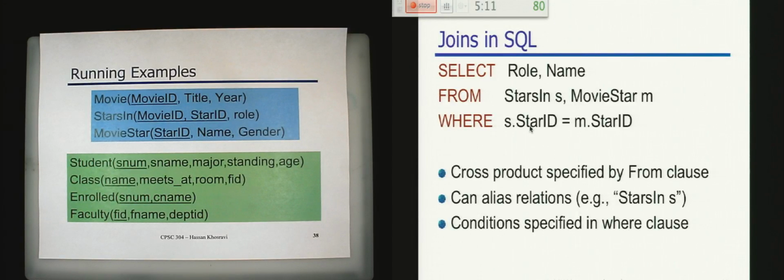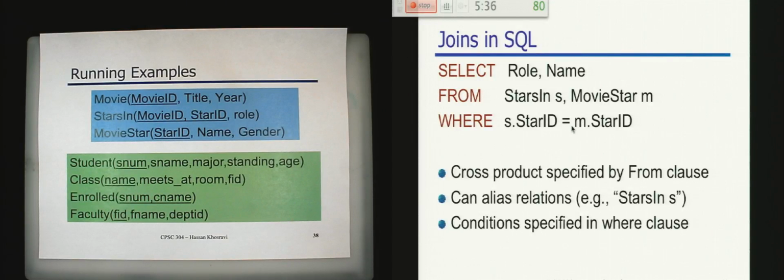If you have multiple tables in your from part of the query without any conditions on them, that's going to give you the cross product. If I say select star from stars in S and movie star M without any conditions, that's going to return the cross product of the two.